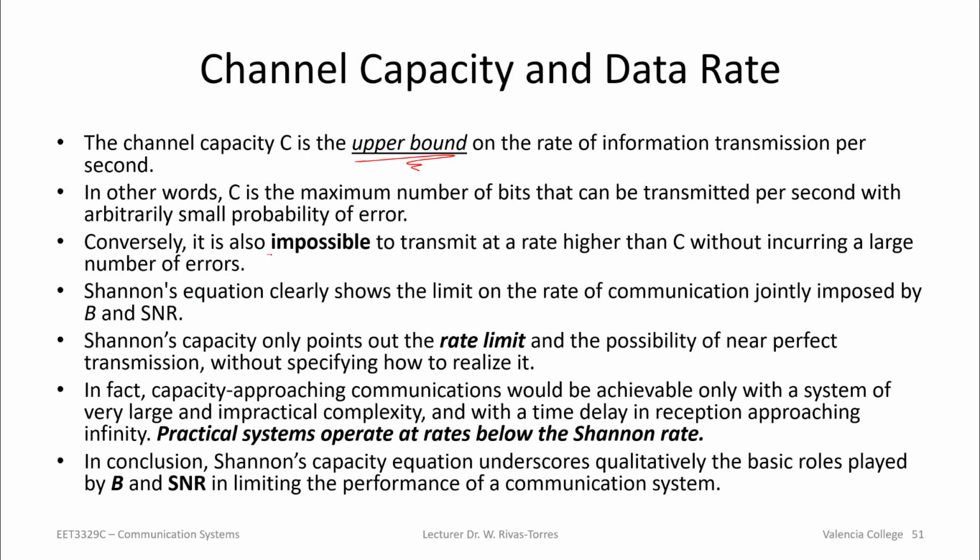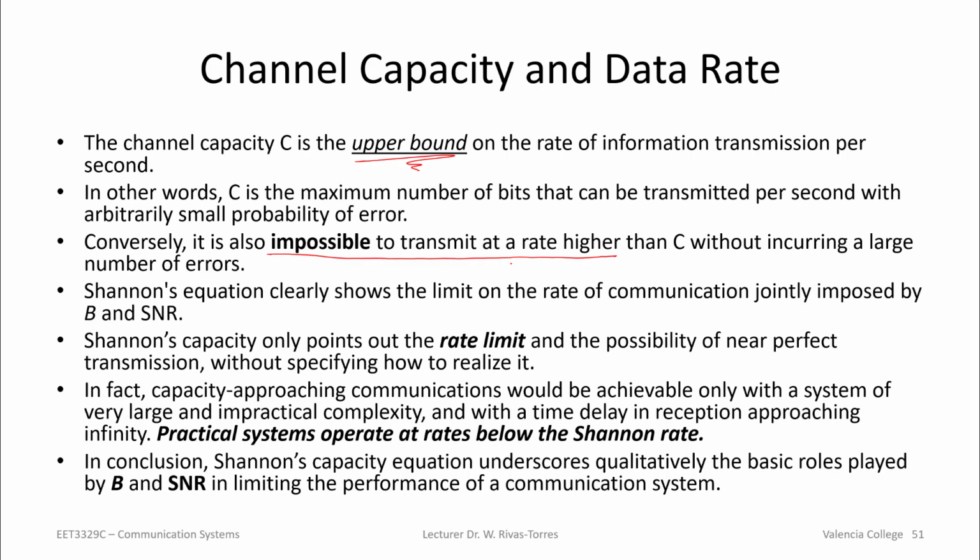It would be impossible to transmit at a higher rate than C without incurring a large number of errors. So yes, you can go past the Shannon limit in your channel, but then you have to expect much more errors.